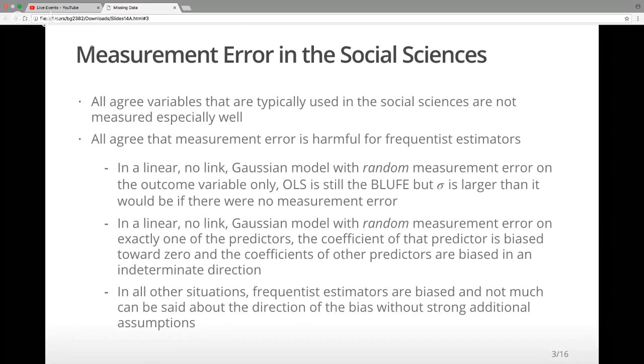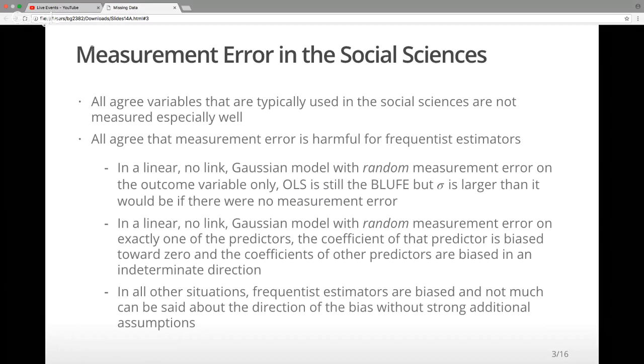Same situation, if you have random measurement error on exactly one of the predictors, then the coefficient for that predictor is going to be biased towards 0. So if the true thing is going to be positive, then the estimate has an expectation that's less positive. If the true coefficient is negative, then the expectation of the estimator is going to be closer to 0 in the other direction. That's for the predictor that has measurement error.